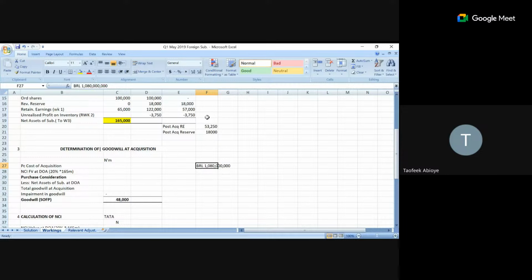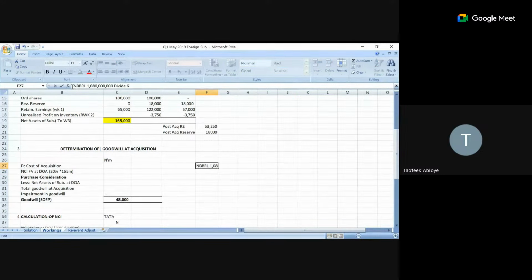The DOA rate is 6, abi. So it will be divided by 6, because these shares were purchased at the DOA, the date of acquisition.